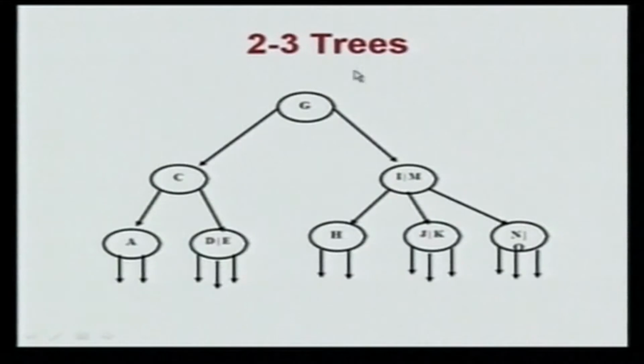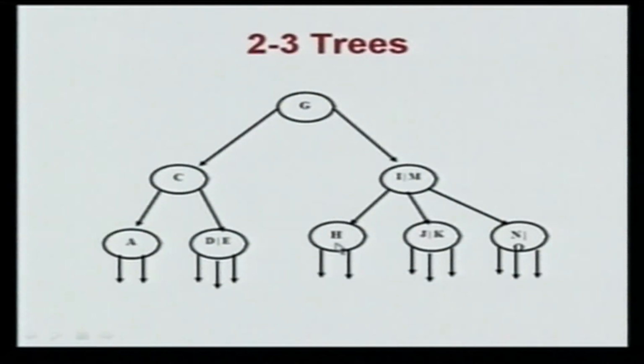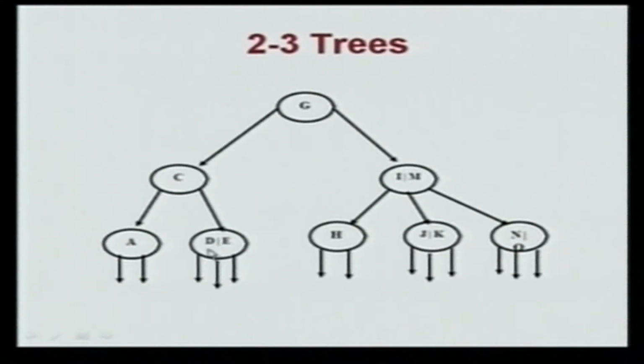All nodes here will be less than G, and all nodes here will be greater than G. Now you take C, here it will be less than C, here it will be greater than C. Here you take I and M: this will be less than I, this will have keys between I and M, so J, K, and here you will have keys greater than M. Similarly, if you look here, D and E: here you will have less than D, here between D and E, here greater than E, if it exists of course.